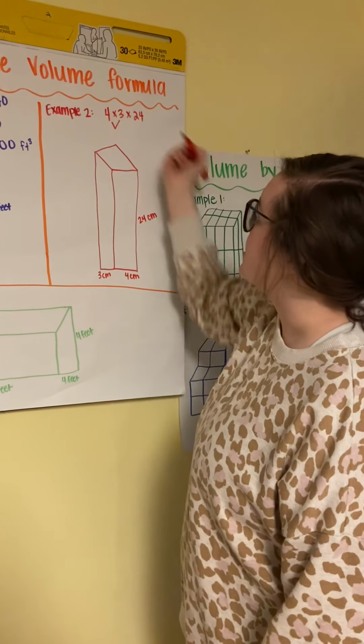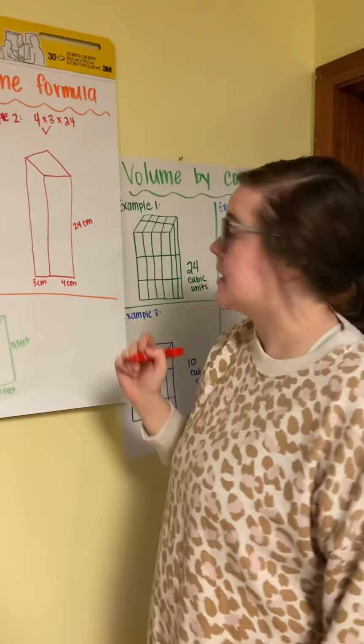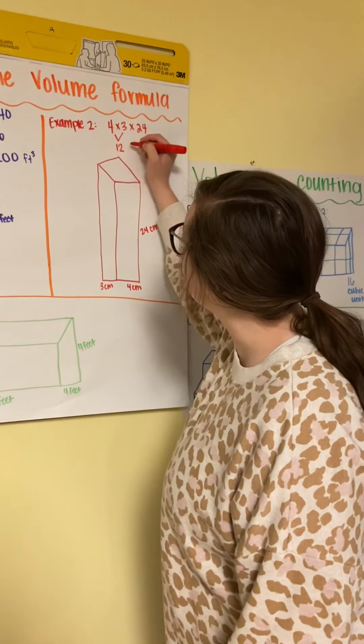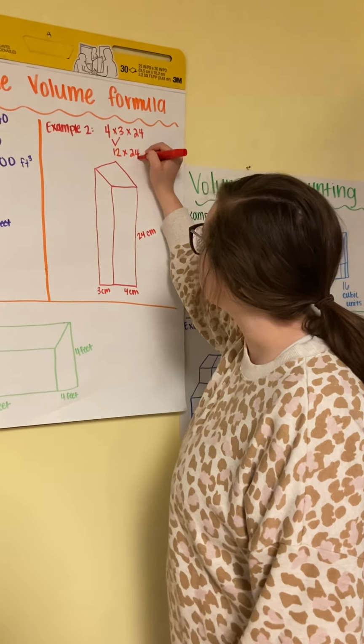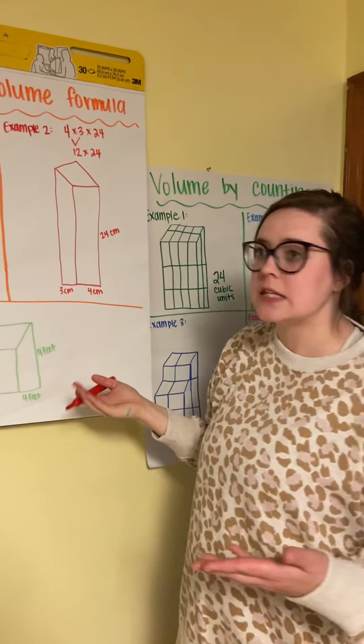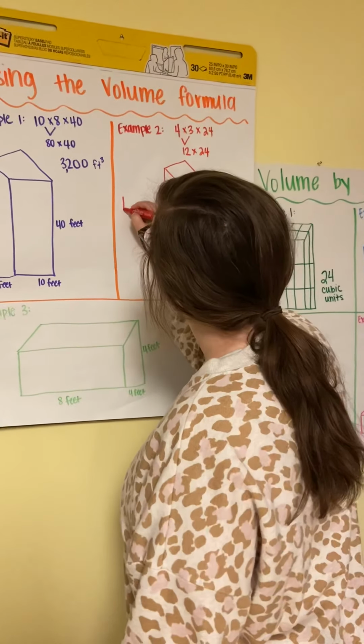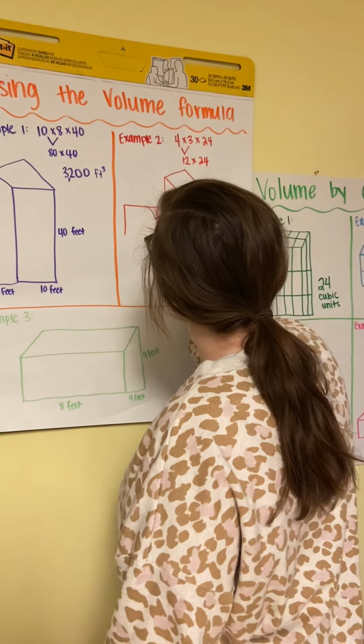I'm going to do 4 times 3 first because that's easy. 4 times 3 is 12. Then I'm going to multiply by 24. This is where that box method is going to come into play. So I have 2 digits by 2 digits.